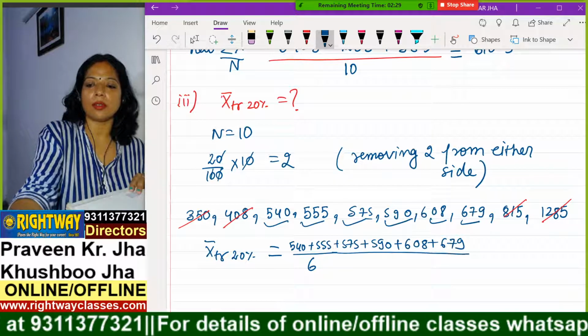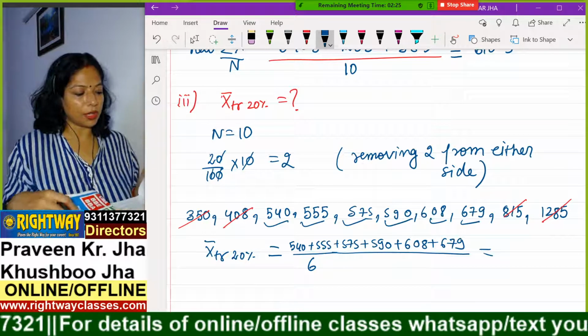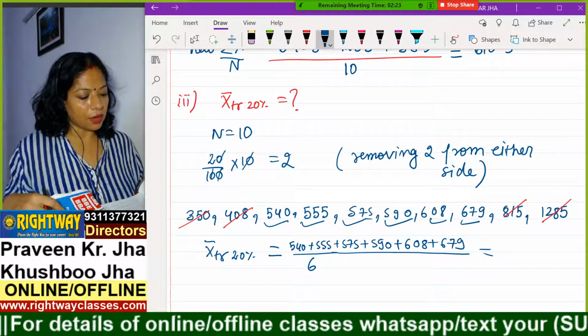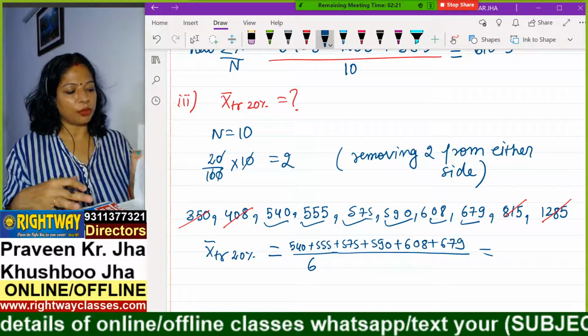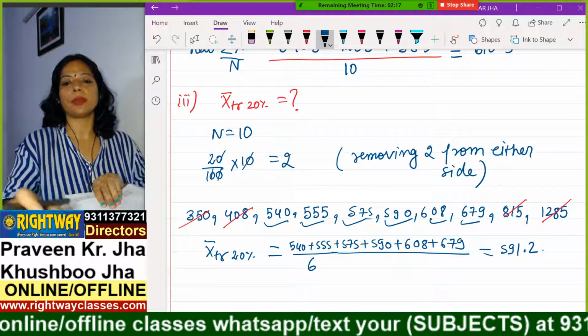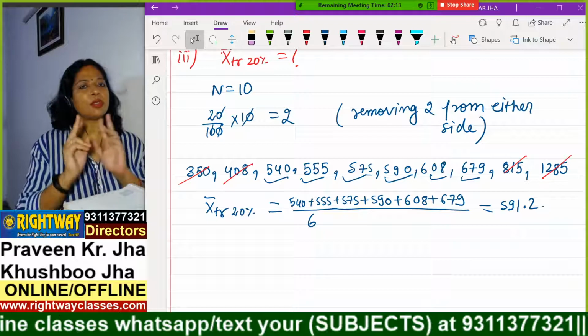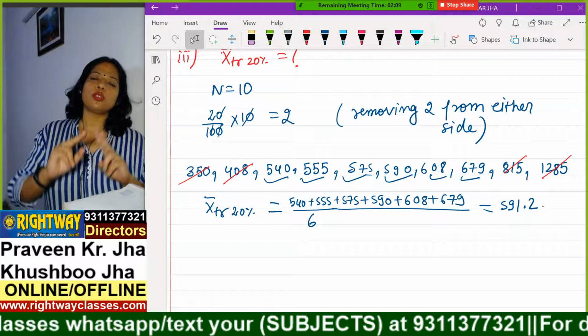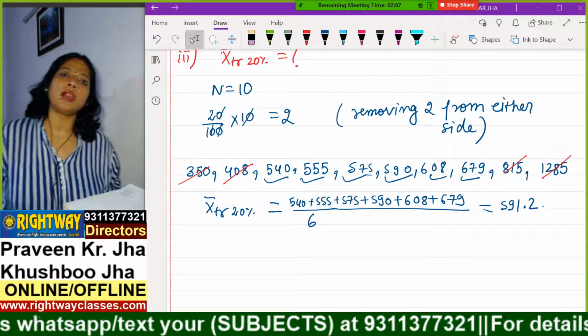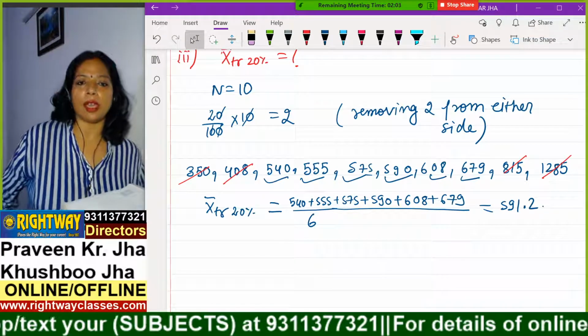That's it. This is our C part, and it comes to be 591.2. This trimmed mean was easy because 20% means just 2 data, so we are removing 2 data very easily from the minimum and maximum outliers.